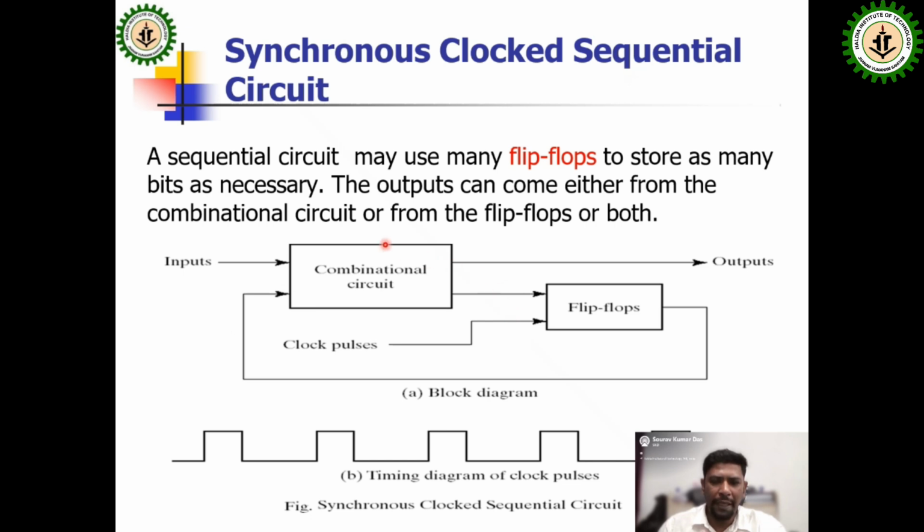So this is the basic block diagram of a sequential circuit. That means the output depends on the present as well as the past output. At that time, the sequential circuit depends on the timing clock pulse. So this is the timing diagram of the clock pulse of a sequential circuit.